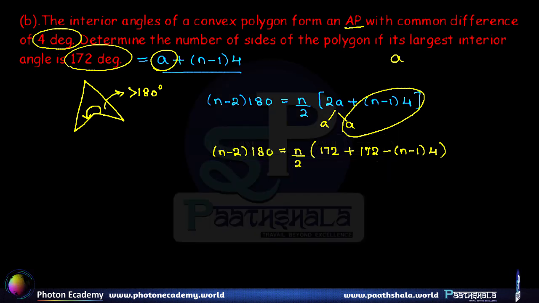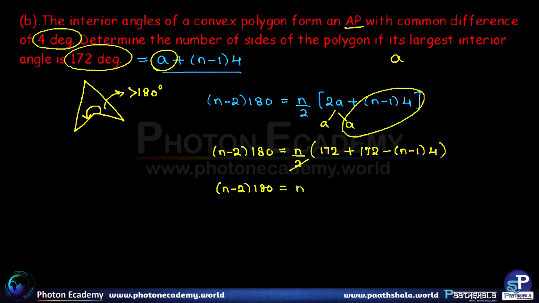Okay, so simplifying this, we get n minus 2 into 180 is equal to n into, we will cancel out 2. So we are left with 172 minus 2 into n minus 1.